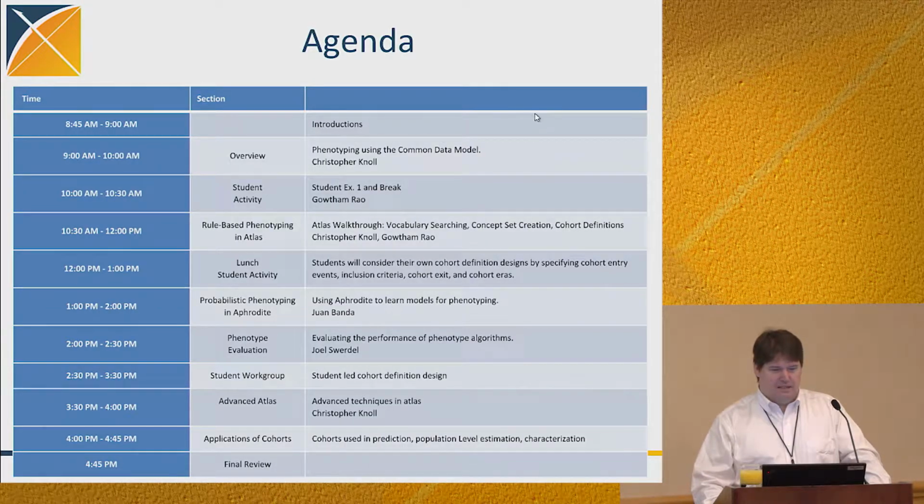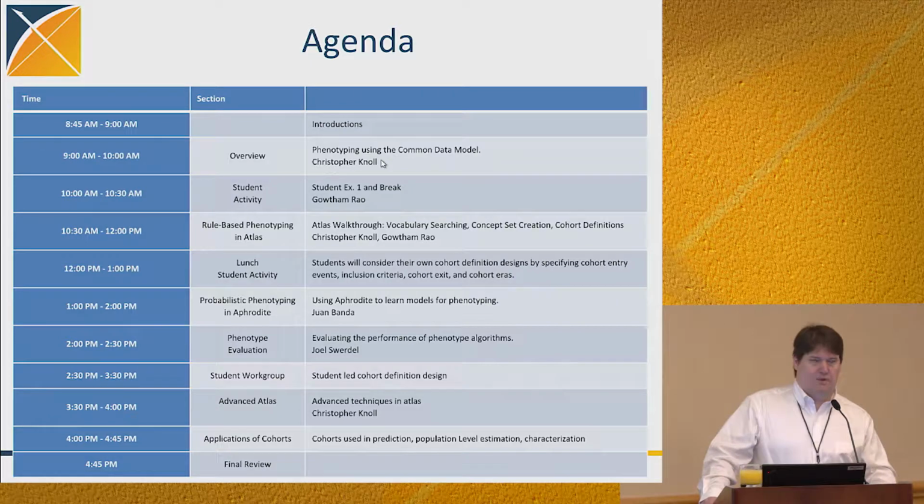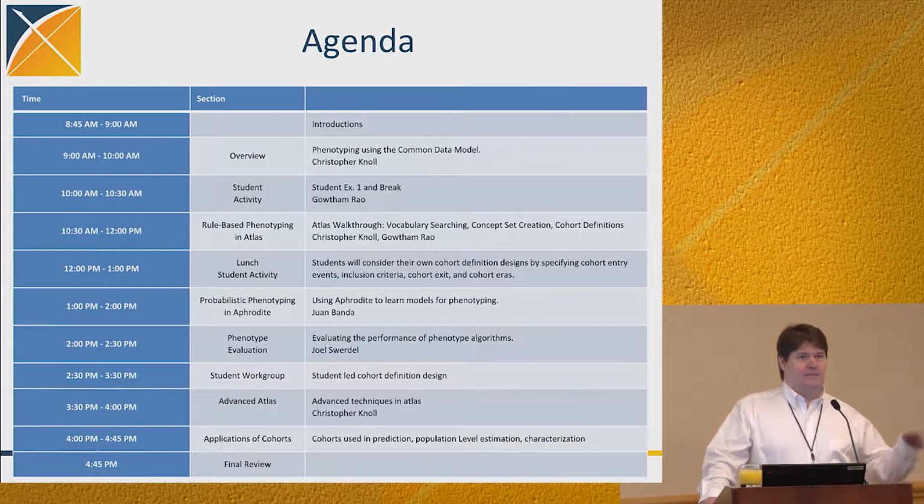Here's our agenda. Just getting a little late start with the introductions, but we'll be doing an hour overview, and then we'll be moving on to a 30-minute student activity where we dissect our paper. Just to ask again, everybody got the homework, the paper talking about the anticoagulants? Okay.